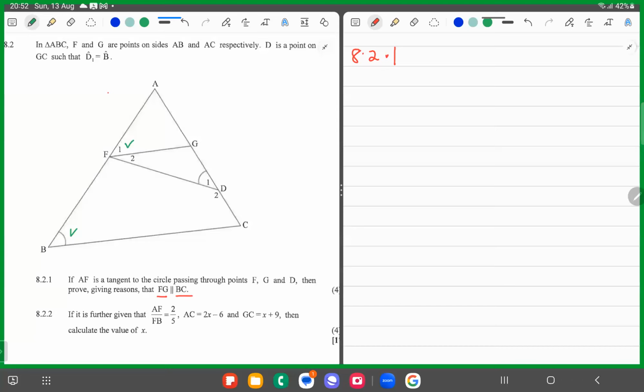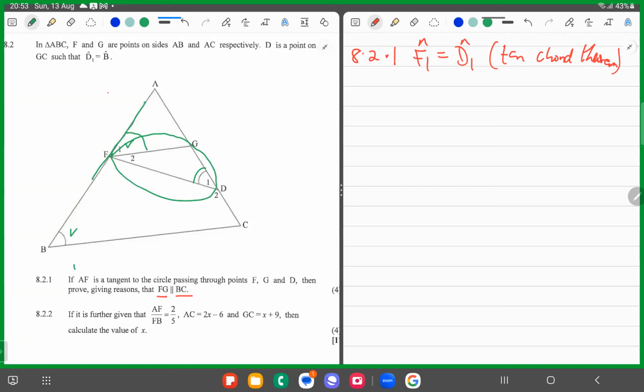So we start by saying angle F1 is equal to angle D1. The reason is the tan-chord theorem.